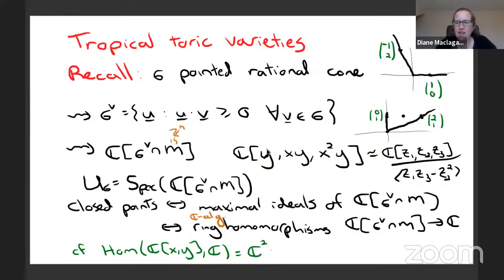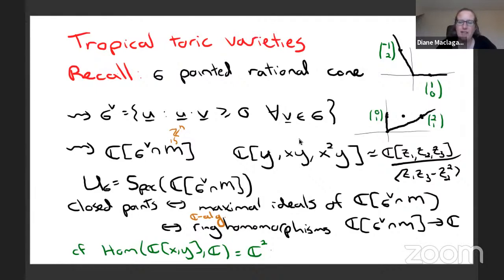So in this case, I'm getting C adjoin Y, XY, X squared Y, and so on. Okay. You have to check, it's an exercise to check that I don't need any more generators. So Y corresponds to the lattice point (0, 1). XY corresponds to the lattice point (1, 1). X squared Y corresponds to the lattice point (2, 1).